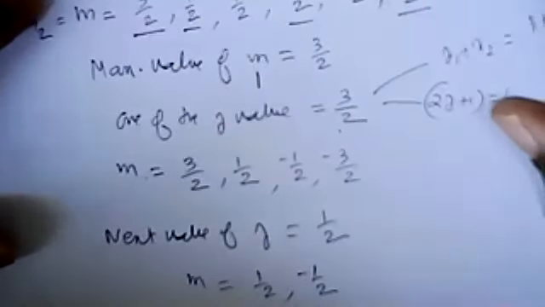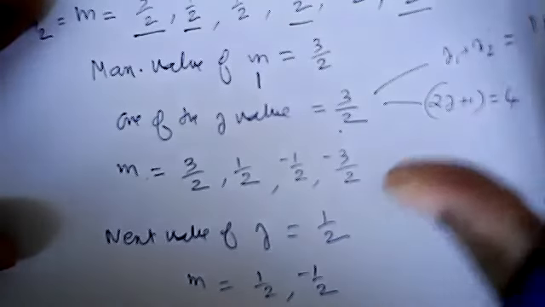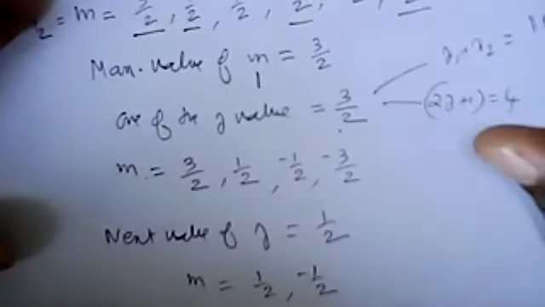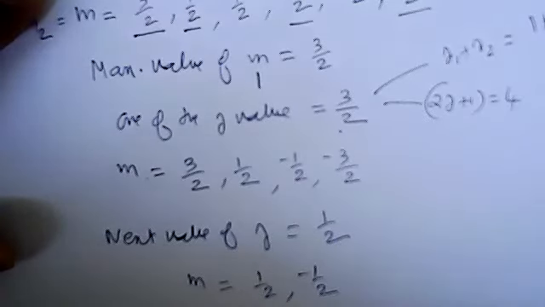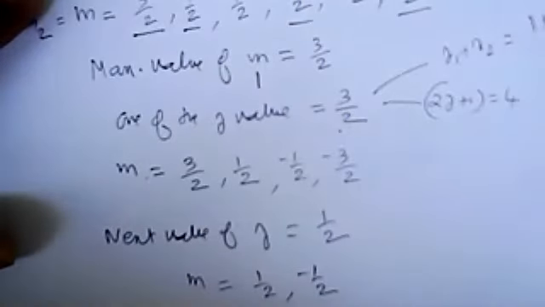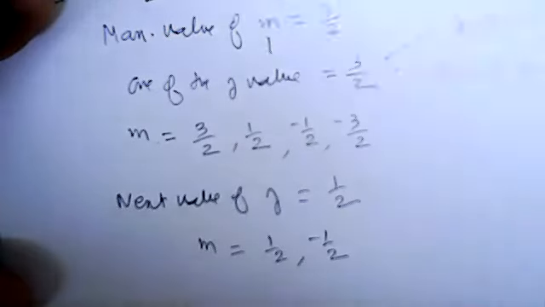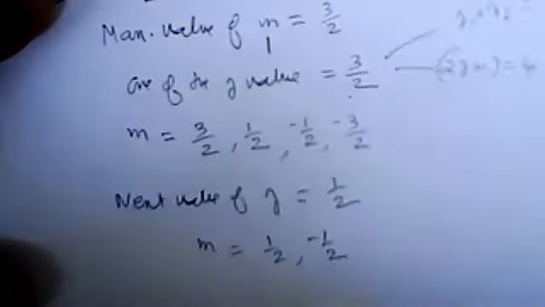J and L can have only positive values. Remember this idea? Only spin can have plus and minus half. L and J have only positive values. So we have identified all the 6 states.